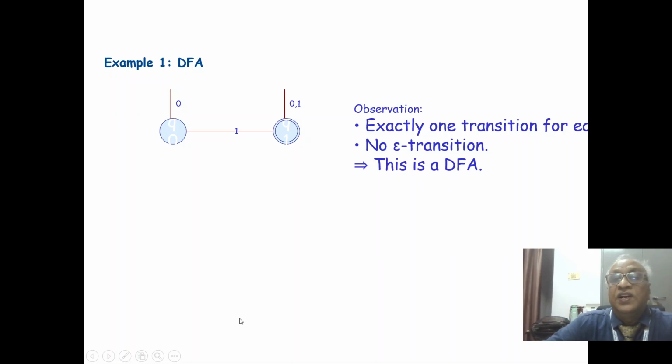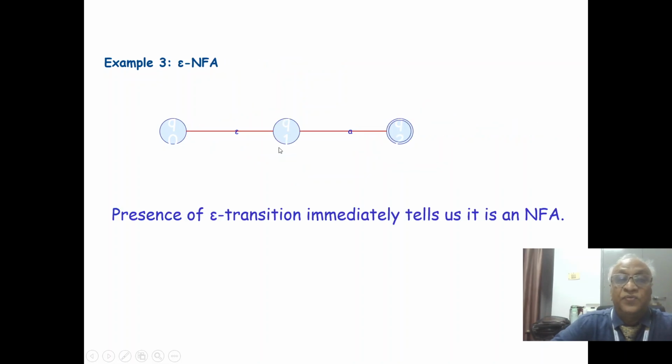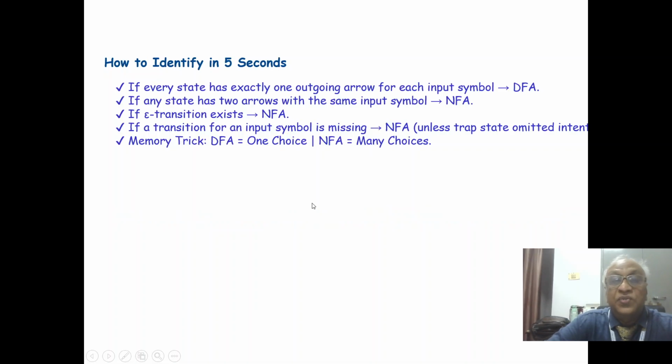So say here we have exactly one transition for every input symbol, and there are no epsilon transitions. So this is the example of a DFA. So here we have, for the same input symbol, two transitions. This is an example of NFA. Here we have epsilon transitions, so it's an example of NFA.